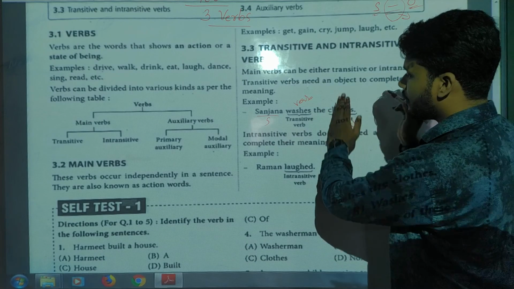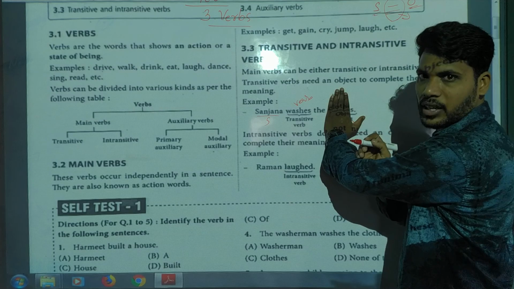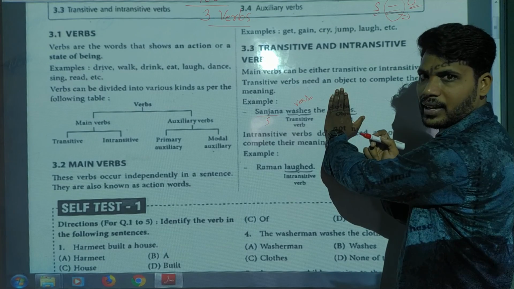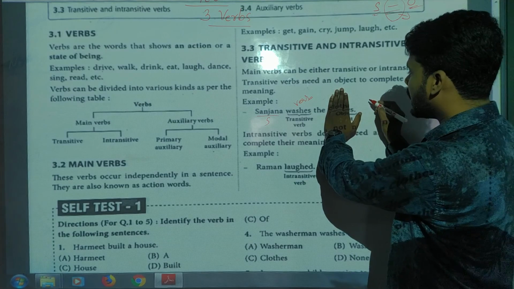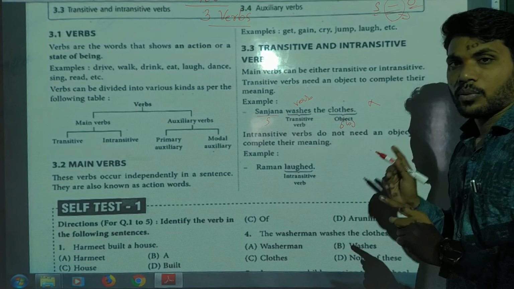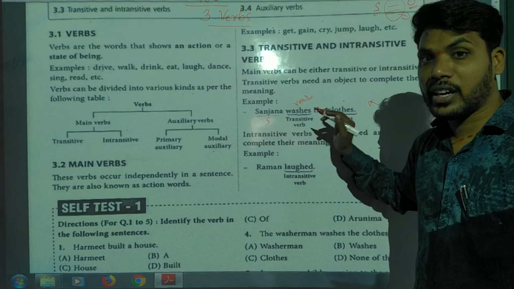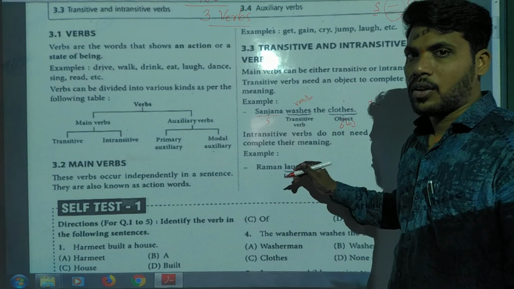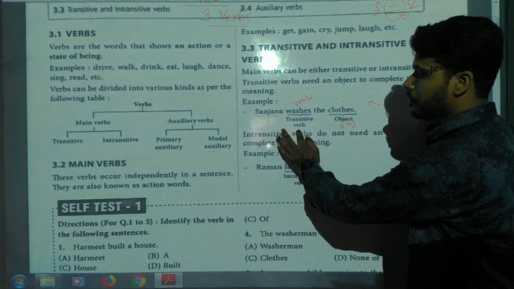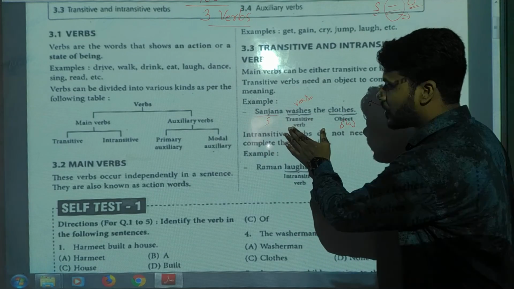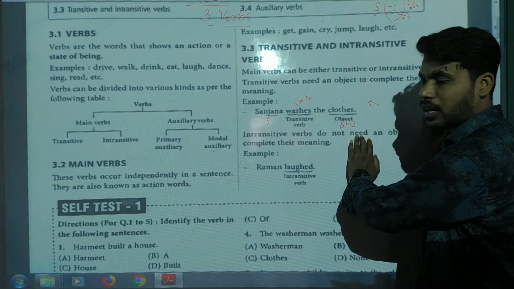So if the sentence is not complete without an object, it is wrong. It is compulsory in transitive verbs. Some words we can write without an object also, but here in the given example, they have given an object.